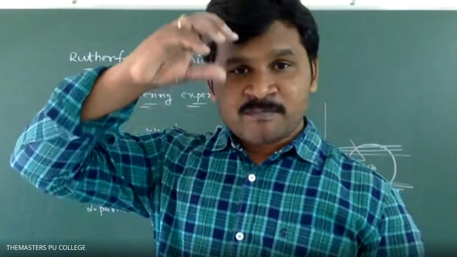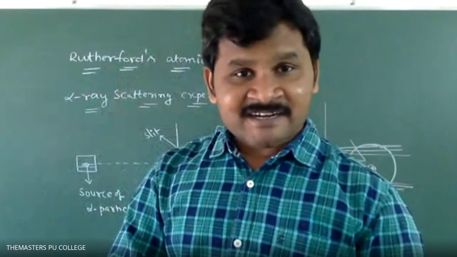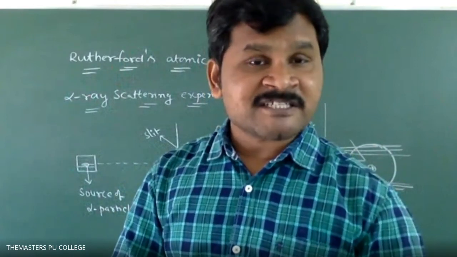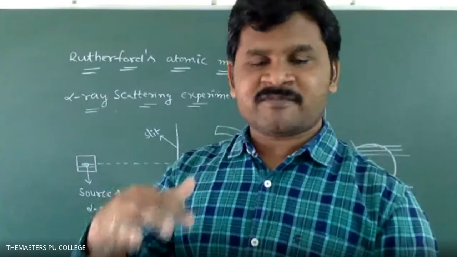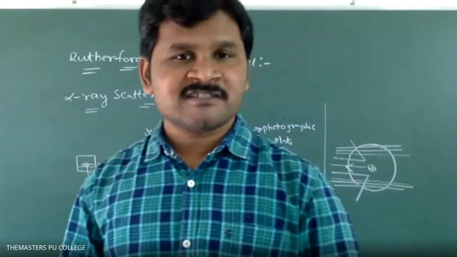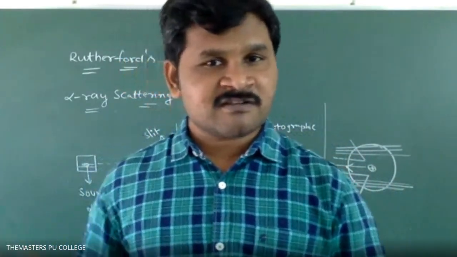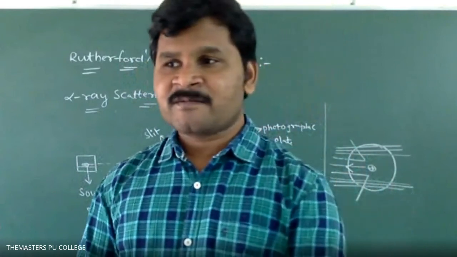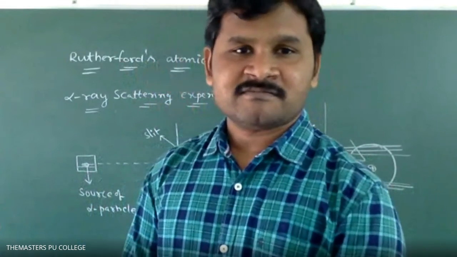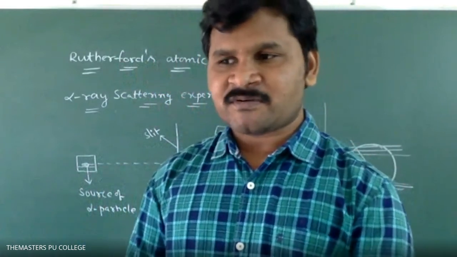There is some positive charge present in the center of the atom. What is the name of that positive charge? Proton. The nucleus. He used the word nucleus for the first time in the Rutherford atomic model. Nucleus charge is positive.